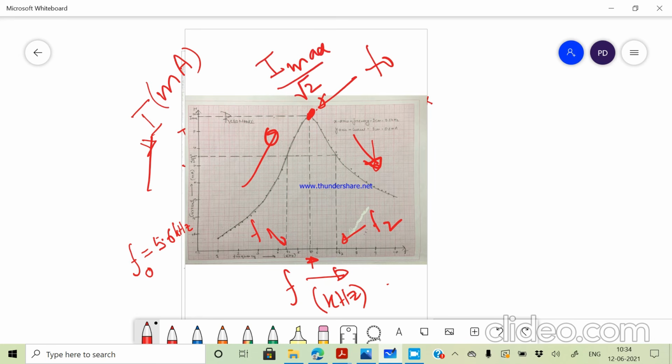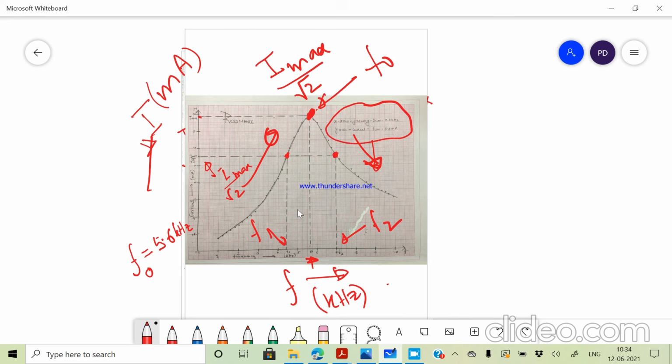This is your I max by root 2, and you know the I max value. If you take the difference between F1 and F2, that's going to give you the bandwidth of that LCR circuit. So this is pretty much the graph.